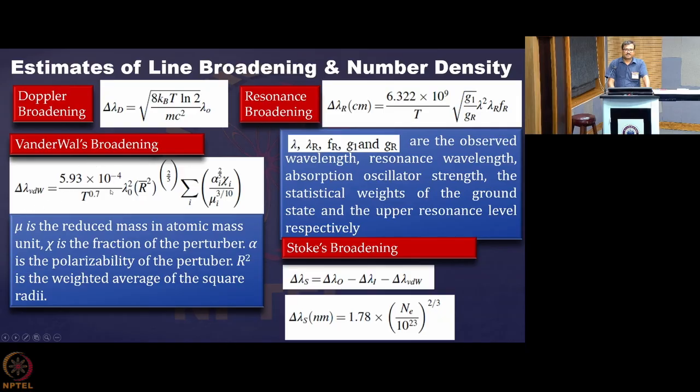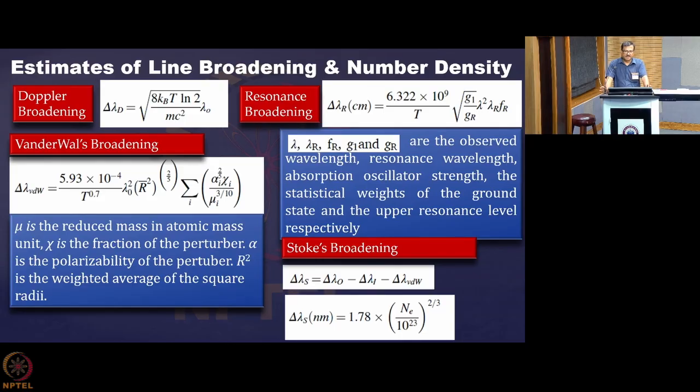So it is like this, a bit complicated formula, but it involves the polarizability of the perturber. Then R is the weighted average of the square radii, chi is the fraction of the perturber, and mu is the reduced mass in atomic mass units. These are the parameters used here, and they are available to you for the system you are considering.